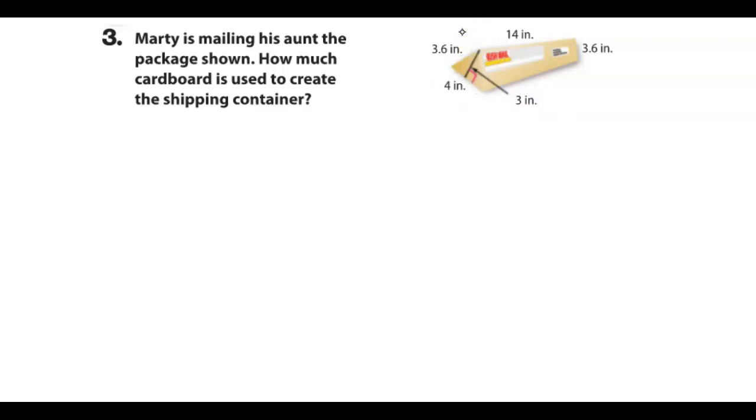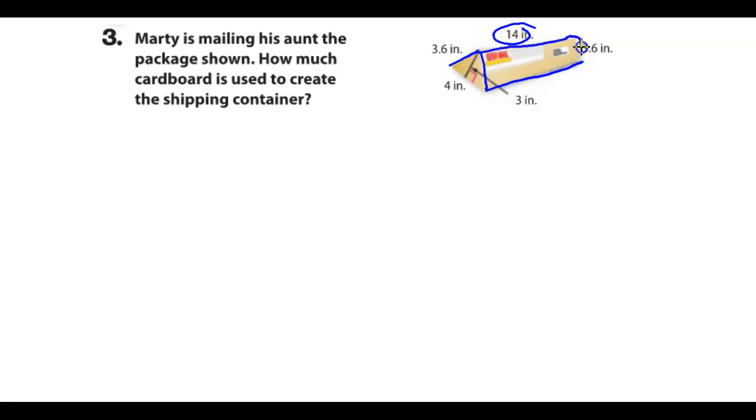Let's see what else we need to do. We can see that the bottom is going to be this rectangle that is 4 by 14. And then I can also see that I'm going to have a rectangle on the back, which is 3 by 14, and that same rectangle will be on the front right here.